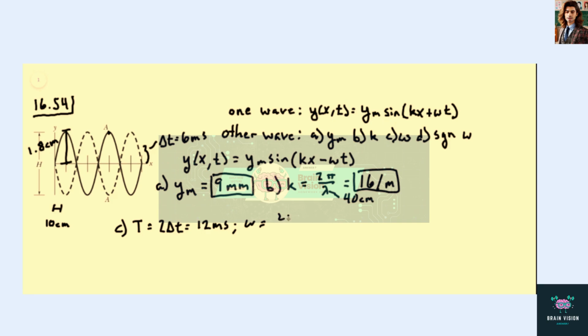So omega is 2 pi divided by the period. Or, in this case, this evaluates now to 520 radians per second.